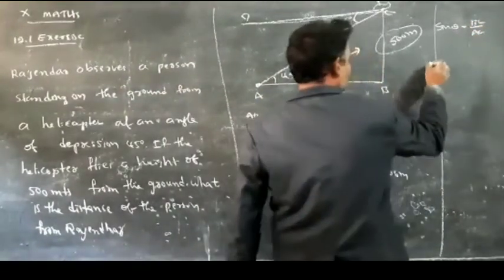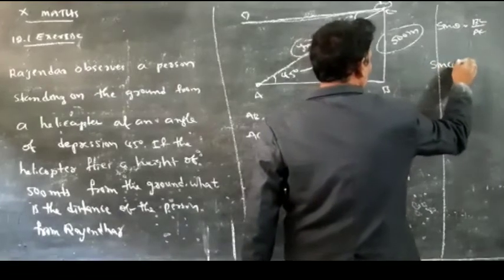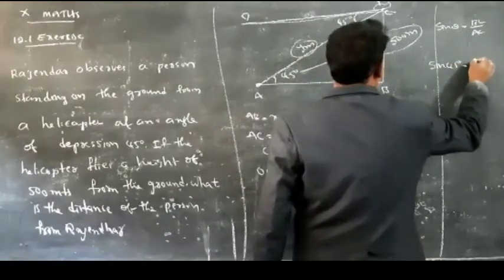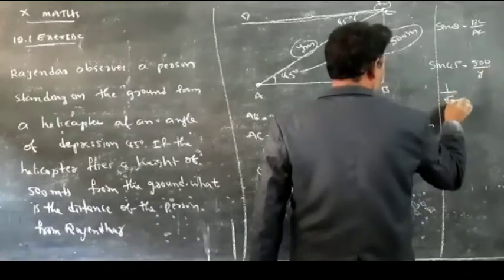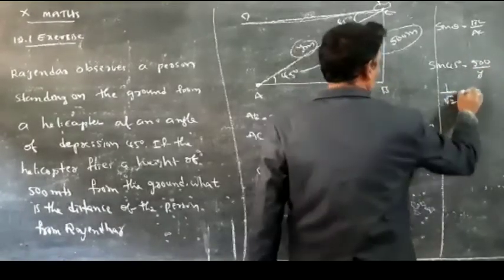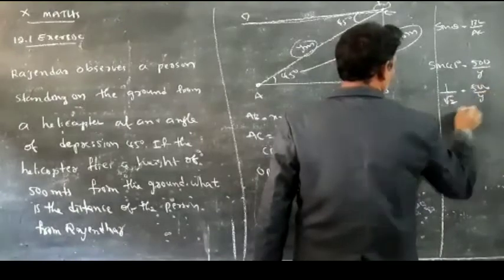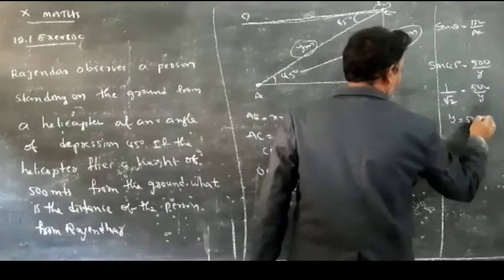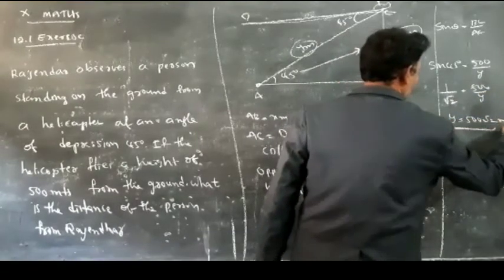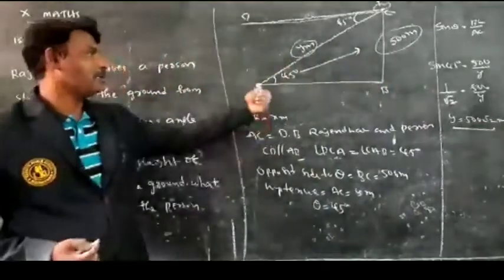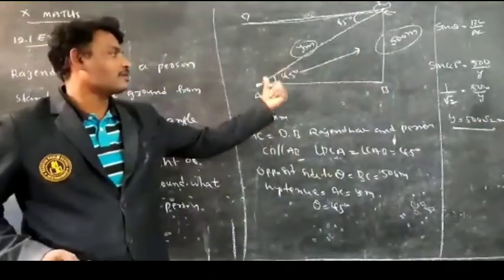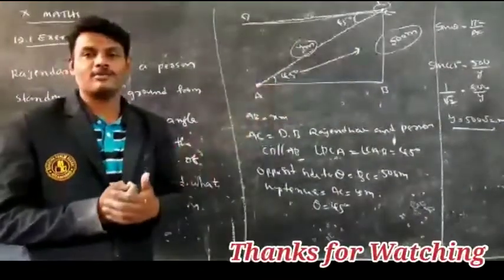It means sin theta, sin 45 degrees, is equal to BC, which is 500, by y. Sin 45 is equal to 1 by root 2 is equal to 500 by y. Then y is equal to 500 root 2 meters. So the distance between Rajendra and the observing point is 500 root 2 meters.